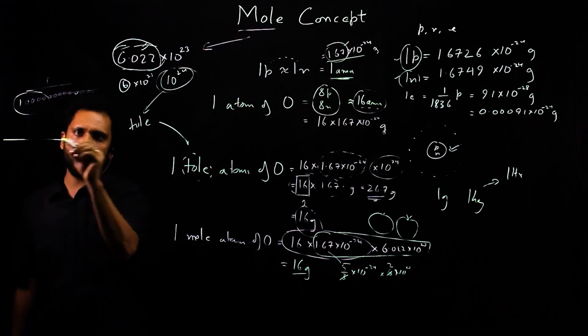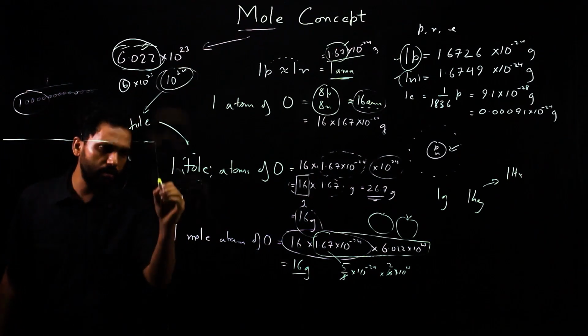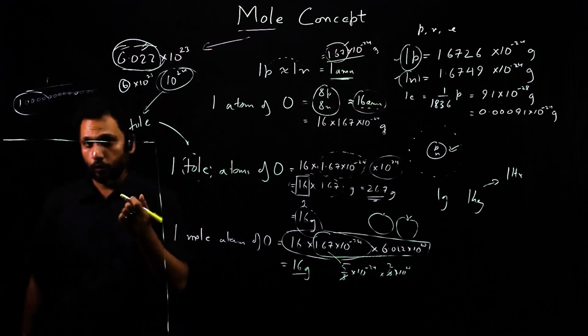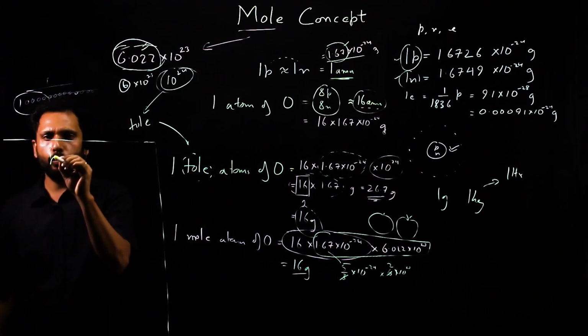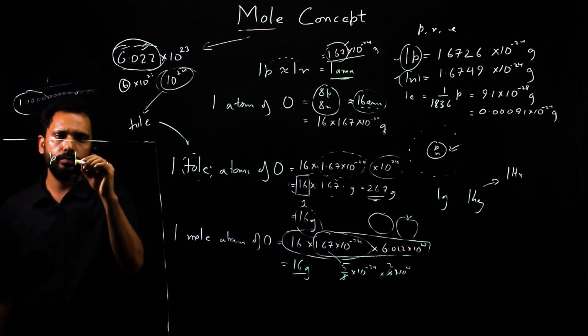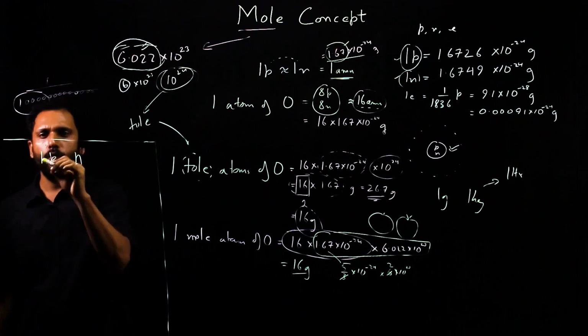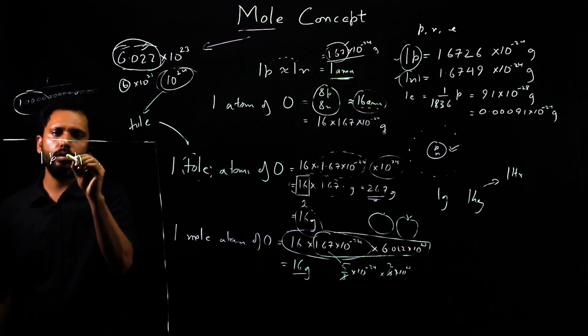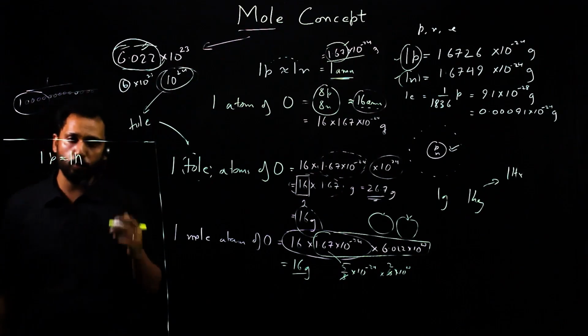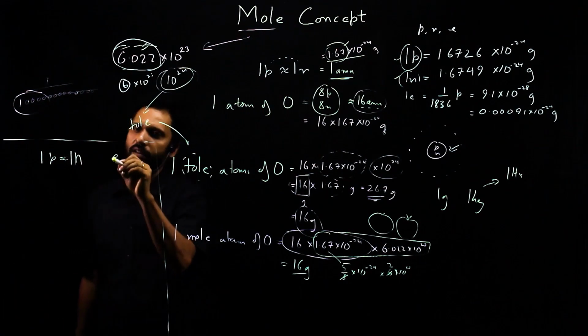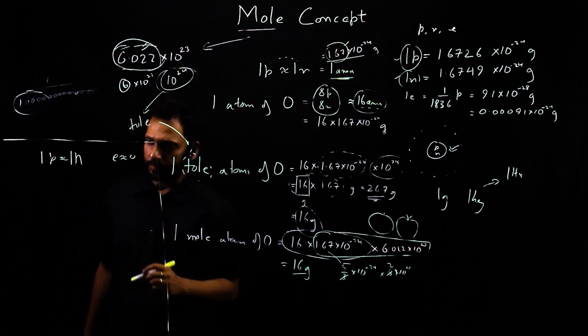A very weird thing happens in the atomic world. So we know that atoms are made up of protons and neutrons, and we also know that one proton has almost the same weight as one neutron, and electron weight is almost negligible.